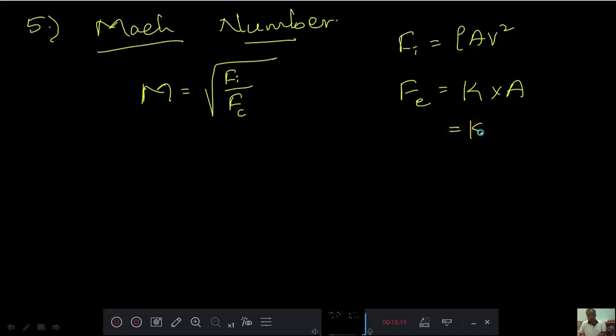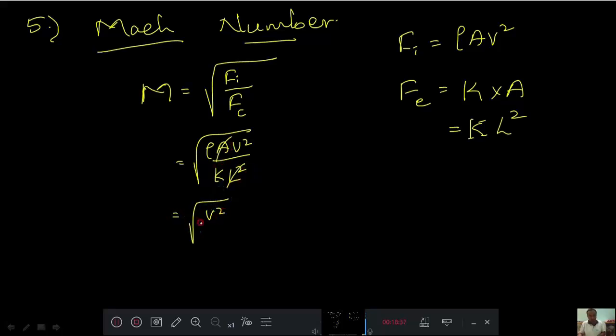That elastic stress we will call K. Actually this K you can call sigma also, but K, no problem. This area I will consider as length square. Then substitute here rho a v square divided by K into L square. This area is also L square, and this is also L square. They cancel. Then you will get v square divided by K by rho. Then this will be nothing but v by root of K by rho. And this is your Mach number.